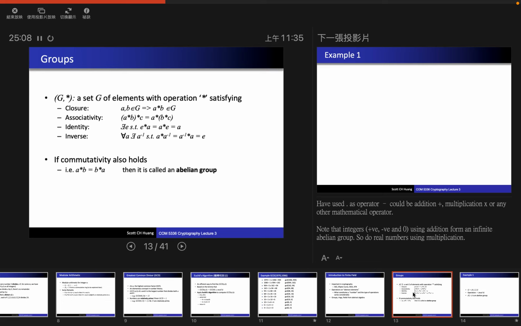Okay. It's not just numbers. You can generalize similar concepts to many other things as well. For example, for addition, let's say we talk about an n by n matrix. The additive identity is the all 0 matrix.